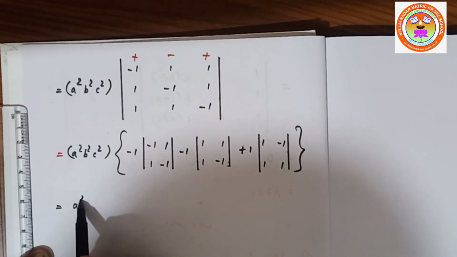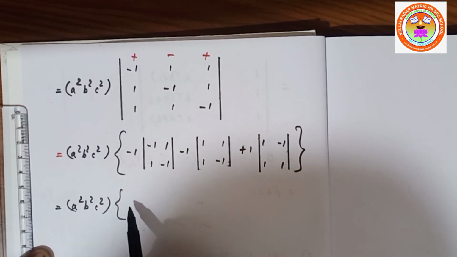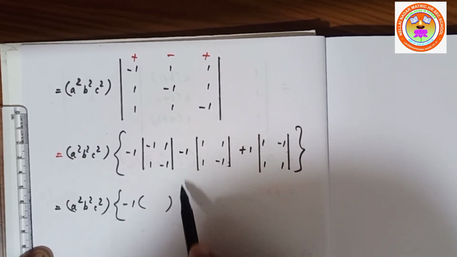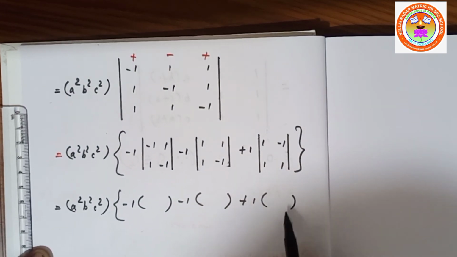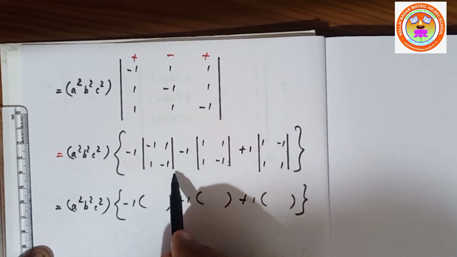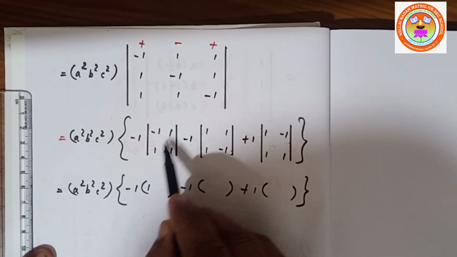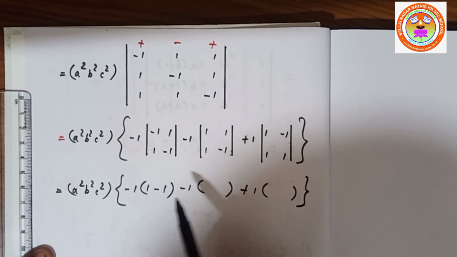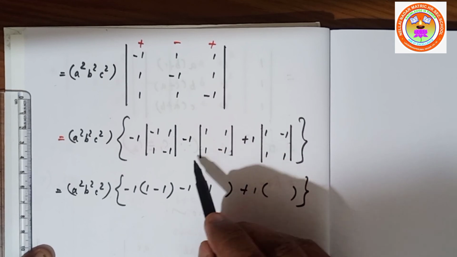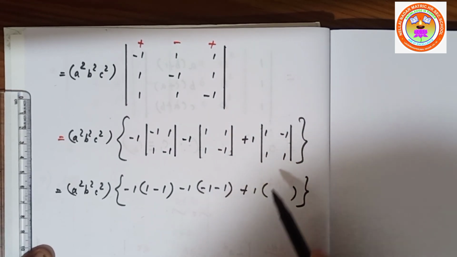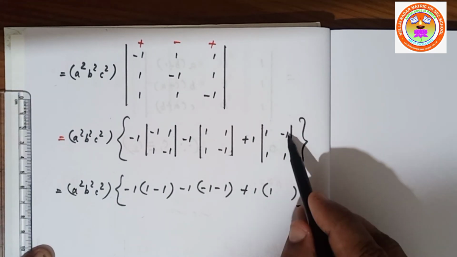That is equal to A squared, B squared, C squared into minus 1 into, again minus 1 into plus 1 into. So multiply these two, we will be getting minus 1 into minus 1 is 1, 1 into 1, 1 becomes minus 1, 1 into minus 1, minus 1, right as it is, 1 into 1, 1, 1 becomes minus 1, then 1 into 1, 1, and 1 into minus 1.